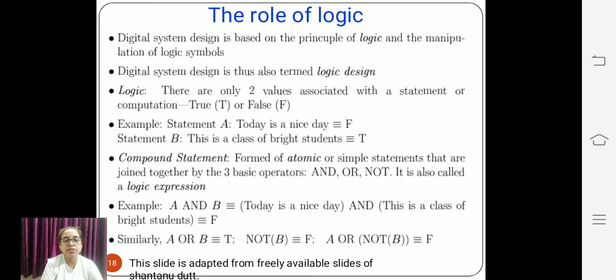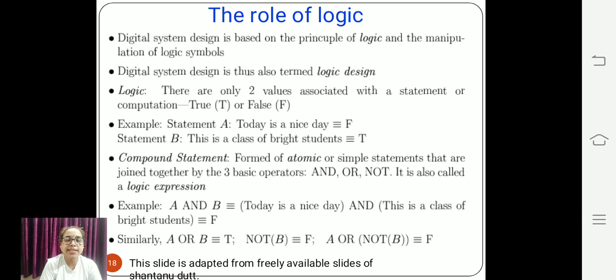In some slides I am covering high and low, in some slides true and false, so you become familiar with all the terms of the same meaning. True means high, means on, means 1. If you are considering low, it has the same meaning as false, same meaning as off, or simply 0. I have taken an example here, statement A.